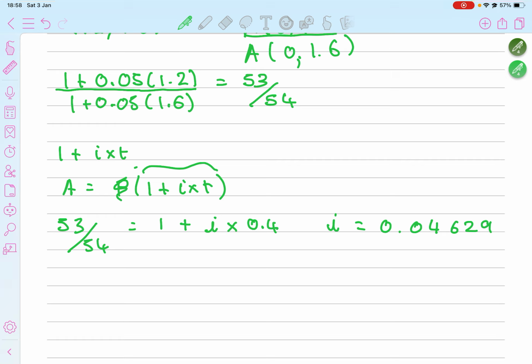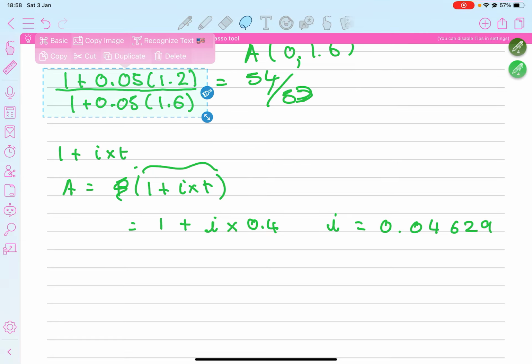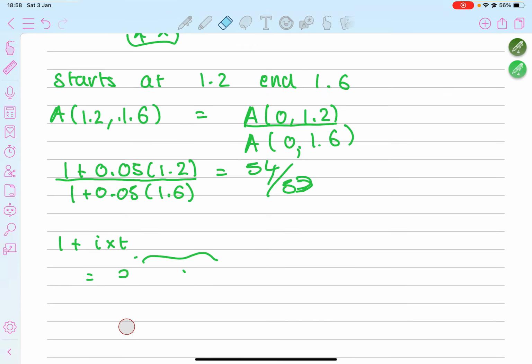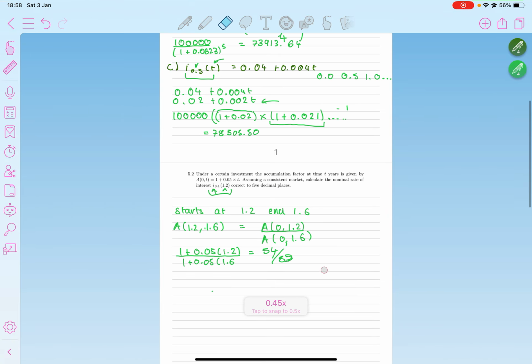It's 54 over 53. I've written it wrong 3 times. Sorry, 54 over 53. Oh, because I've done these the wrong way around. Let me redo all of this quickly.